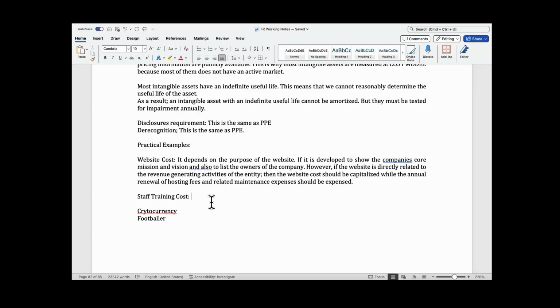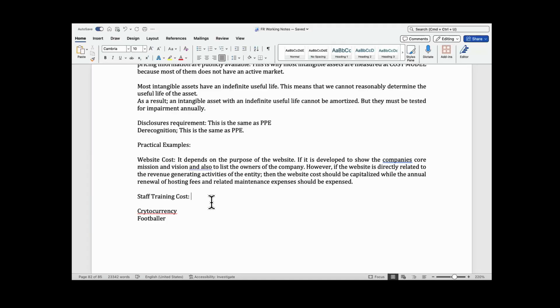Additionally, when you train staff, that training, those skills they have gotten, yes, it's beneficial to them, it will be beneficial to you, but you cannot put that in your books as an intangible asset because it does not even meet the recognition criteria for an asset. Because can you measure the benefits you will get from it? You know your training costs, which is why you should expense it.